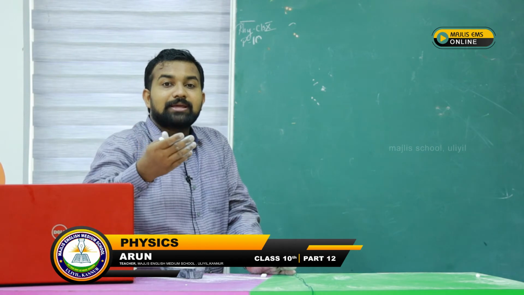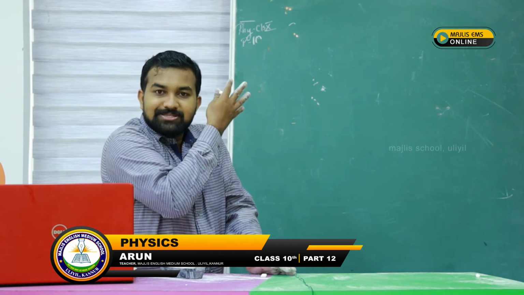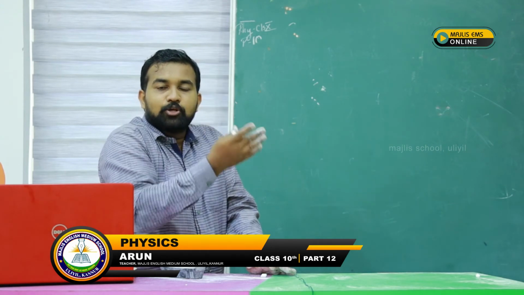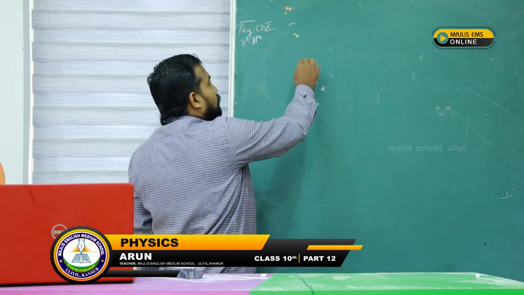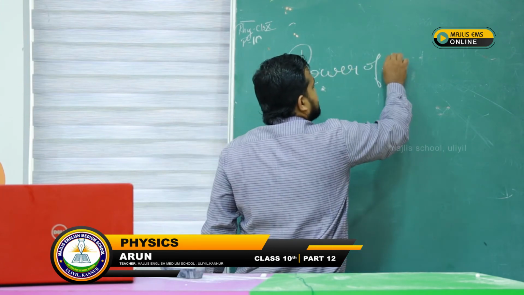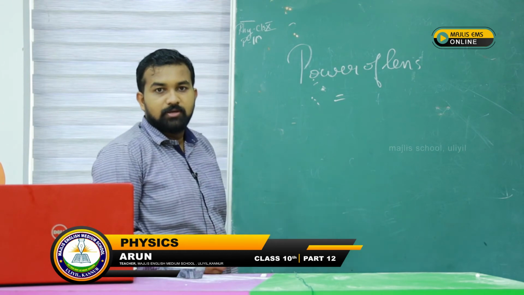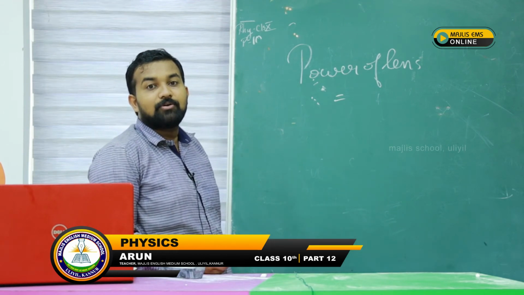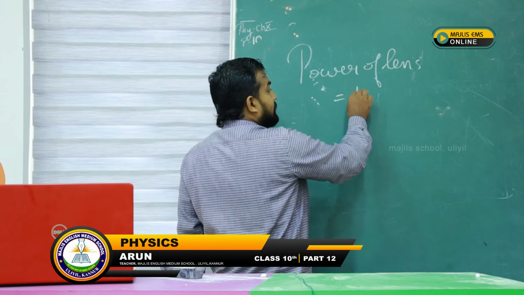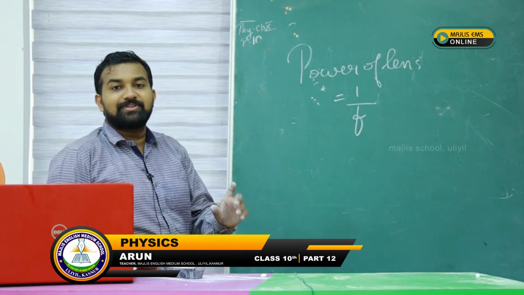How do they calculate the power of that lens? Using this lens formula, they are calculating the power. For calculating the power of a lens, we take the reciprocal of the focal length of that lens.